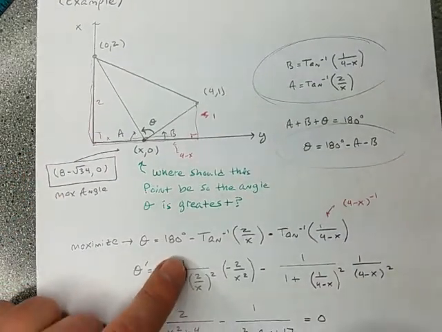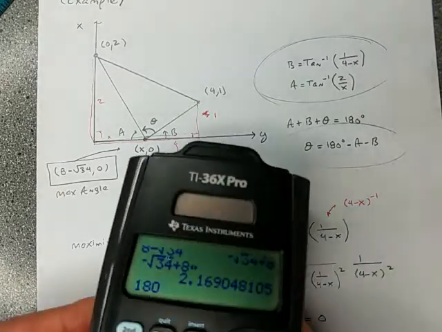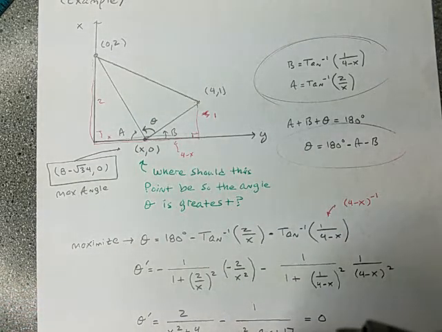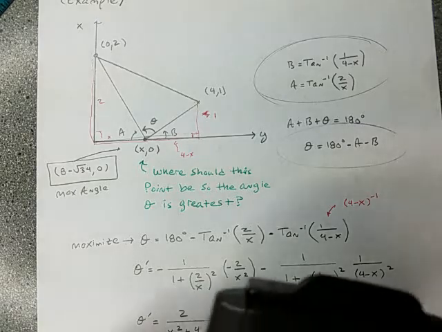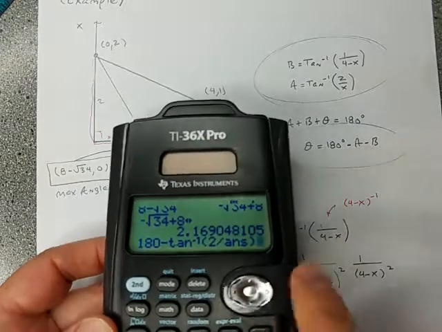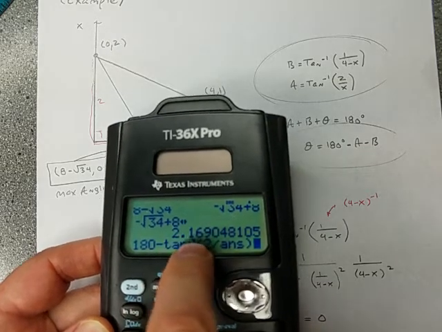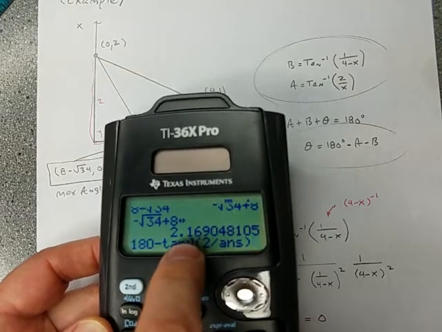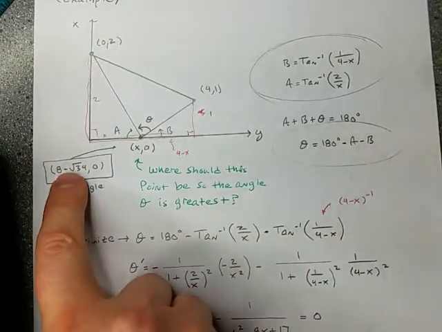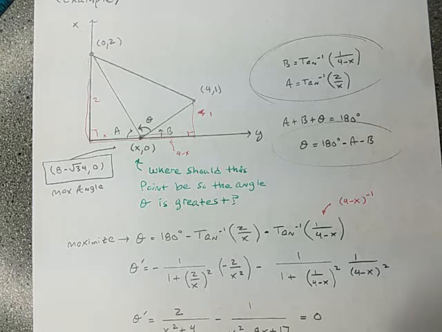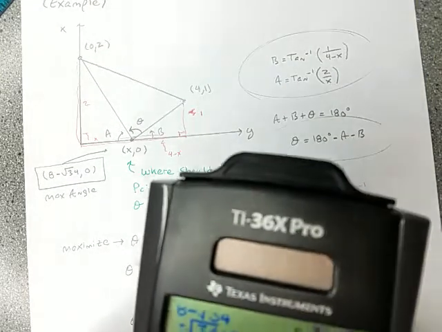That might seem like a lot to put in the calculator, but I could do it like this. I take 180 minus tangent inverse of 2 over, and I'm using a feature of my calculator, probably yours too, where I can recall a number that I just had. So I'm recalling the 2.16, the 8 minus root 34, and then minus again tangent inverse of 1 over 4 minus x.